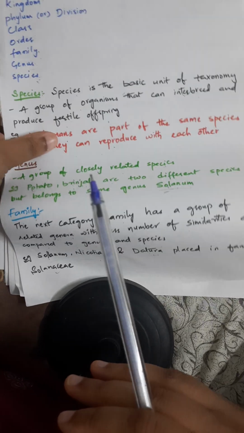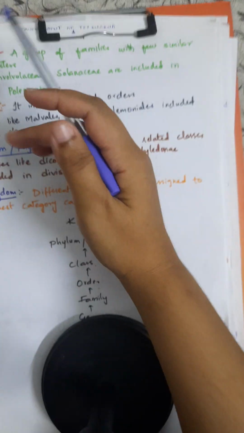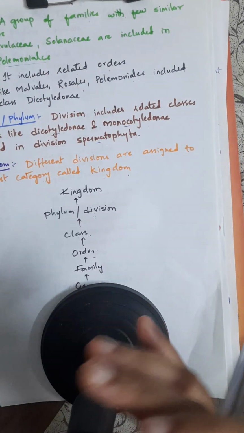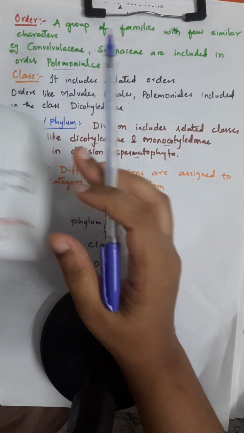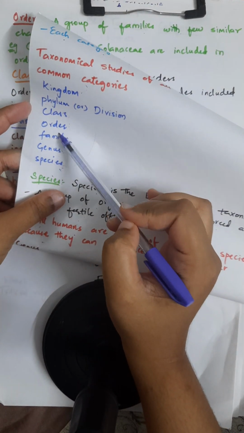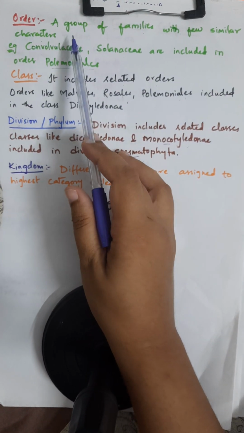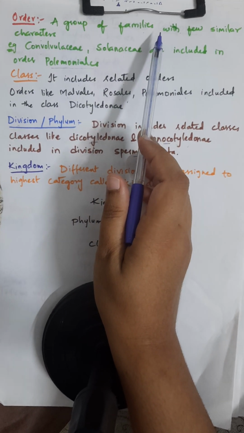Coming to the next category, that is the order. See here, the order is just above the family. Here, the order is a group of families with a few similar characters.